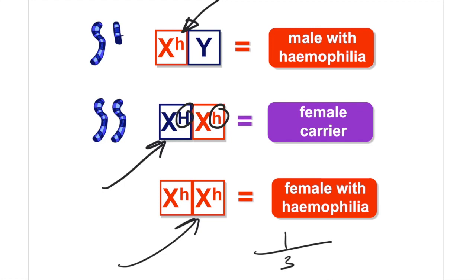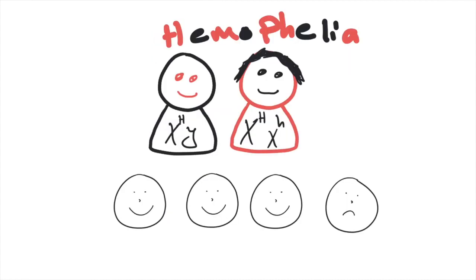Usually males are way more likely to have this genotype, which is X, small h, and Y. Just like the way we've done it with cystic fibrosis, you can always prove that parents that are healthy, like those here, can have a child who suffers from hemophilia. And as always with sex-linked disorders, males are the ones that are likely to have the disorder.